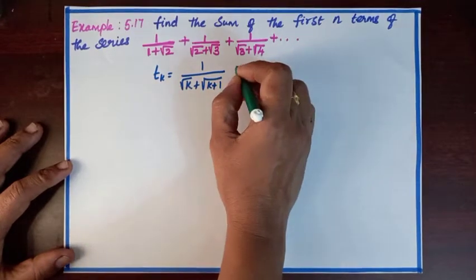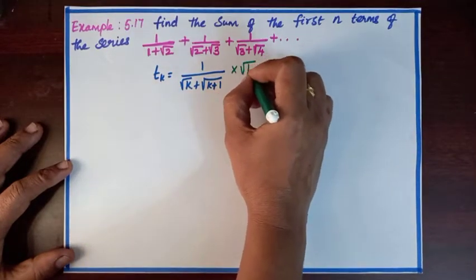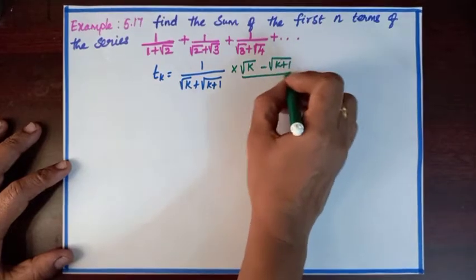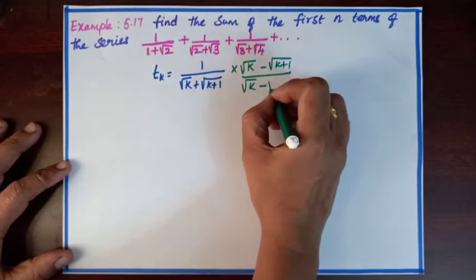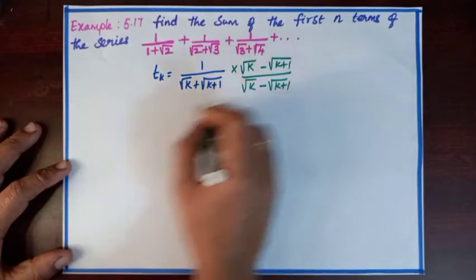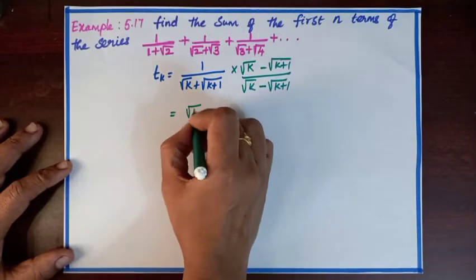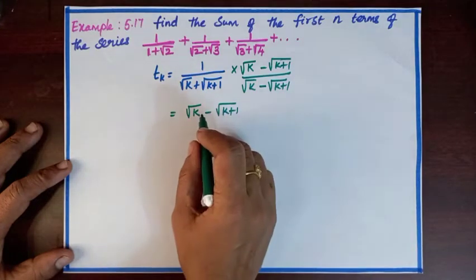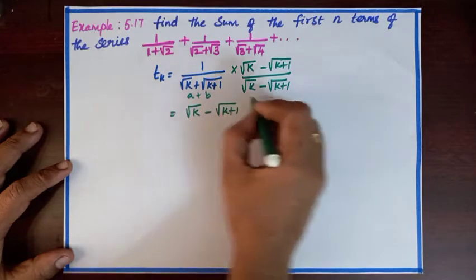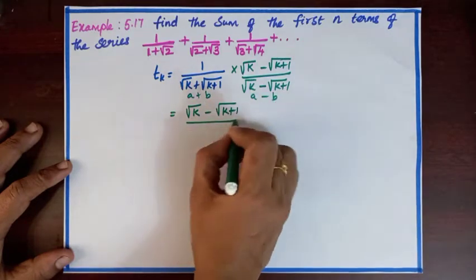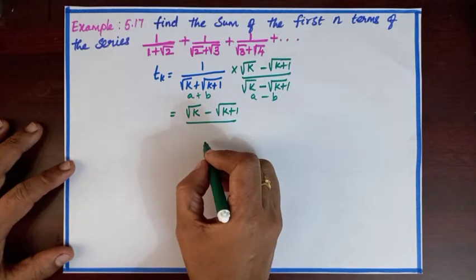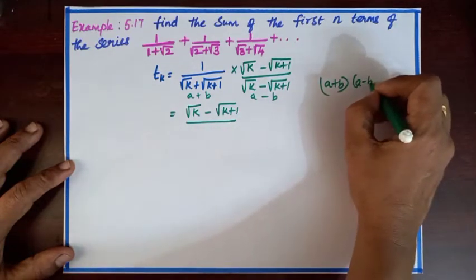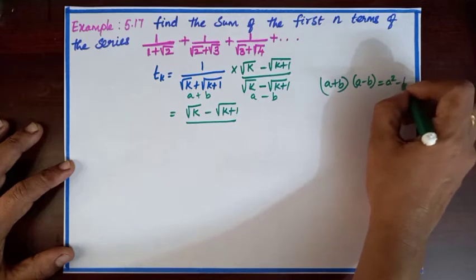Now I am going to take the conjugation: root k minus root k plus 1 by root k minus root k plus 1. The numerator part is root k minus root k plus 1. The denominator is in the form of a plus b into a minus b, which is equal to a square minus b square.